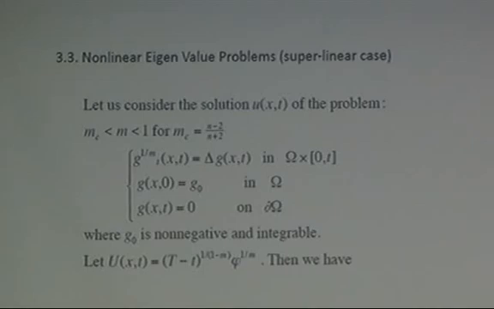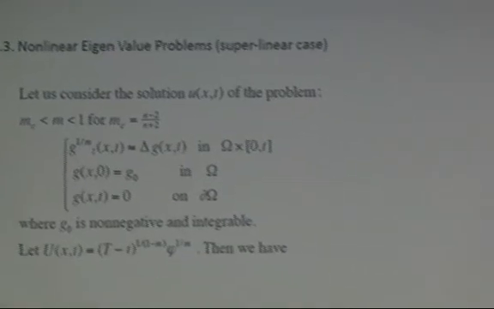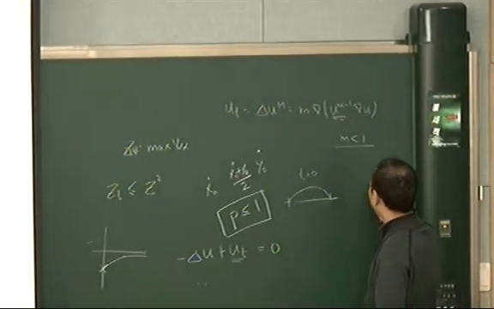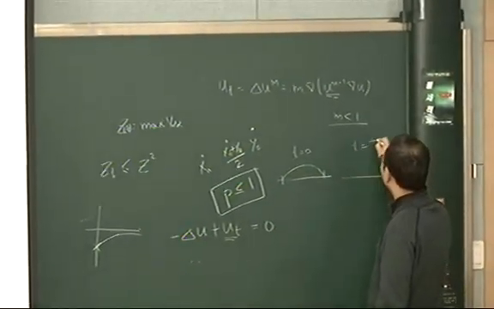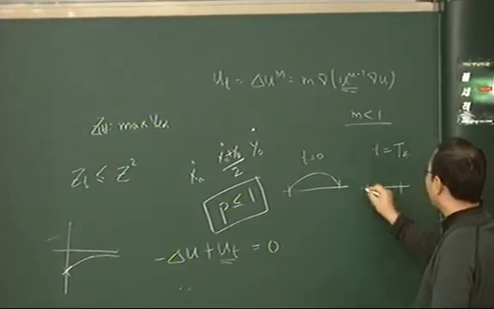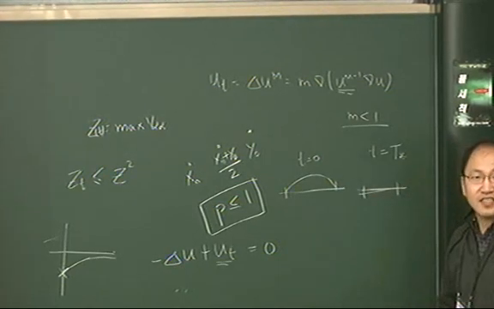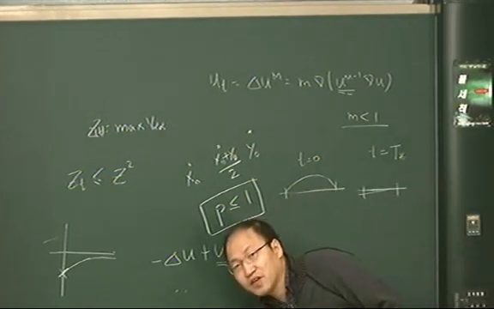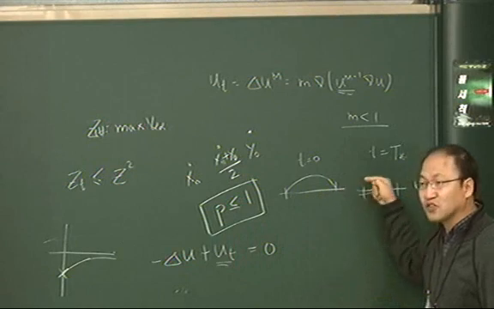Now m is less than 1. So if u is very small, then your diffusion is very strong. Let's say initially you have this solution. Then at a certain time, your solution is identically zero. It is the extinction time, because the influence of zero data is so strong.